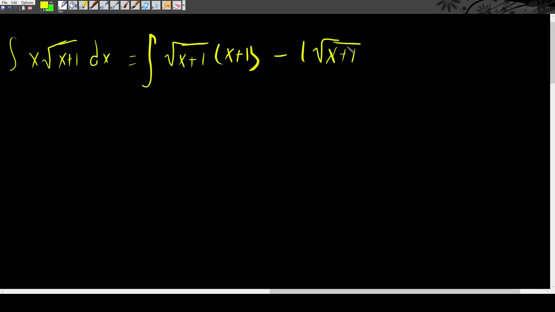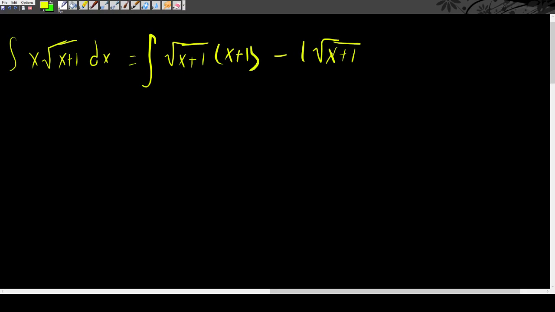We can't take the plus 1 outside, so adding it there doesn't matter at all. As you can see, I just did this, and then I moved this over there.